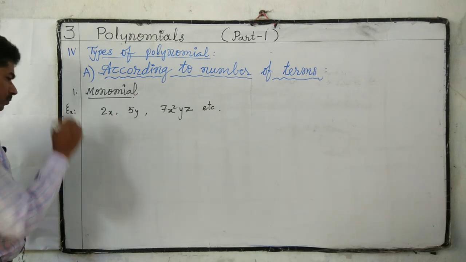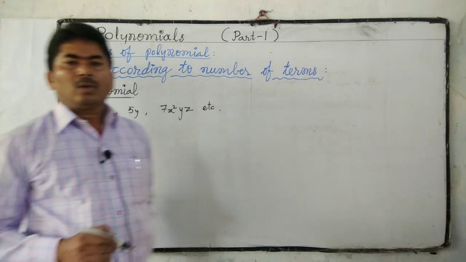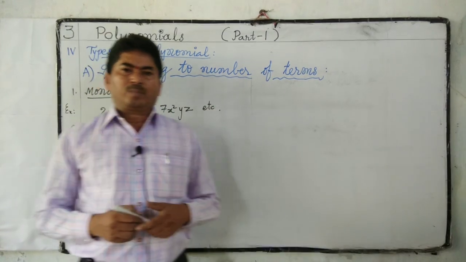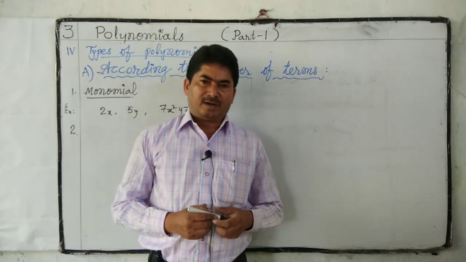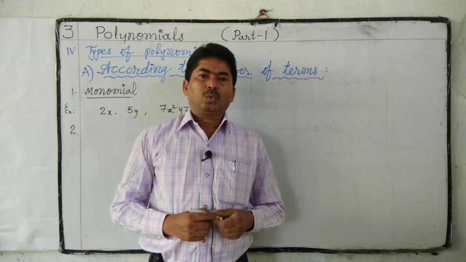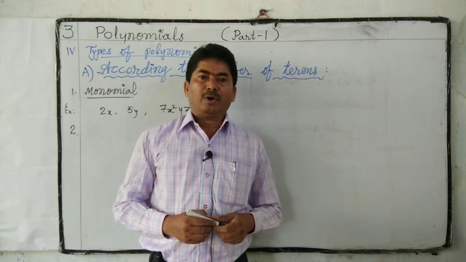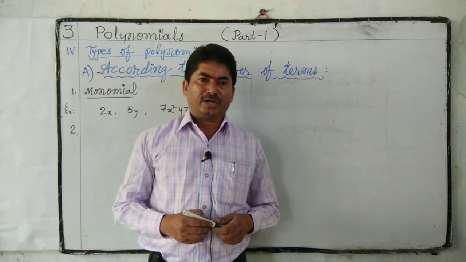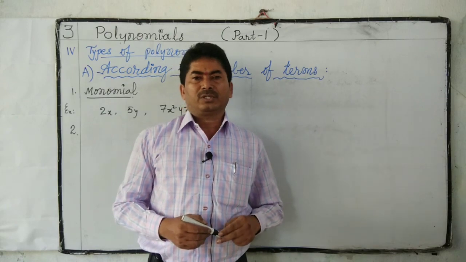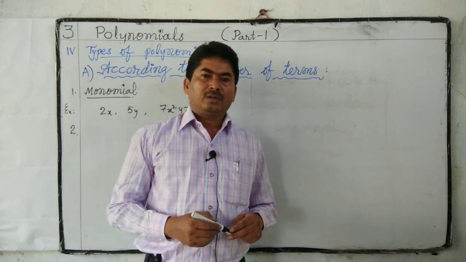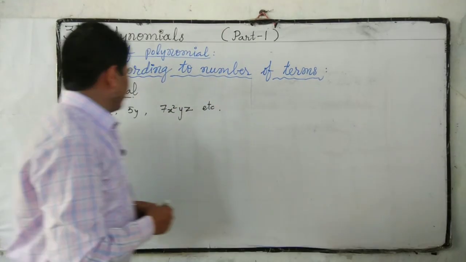Second, binomial. A polynomial containing two terms is called binomial.